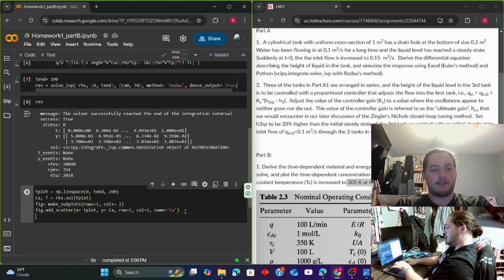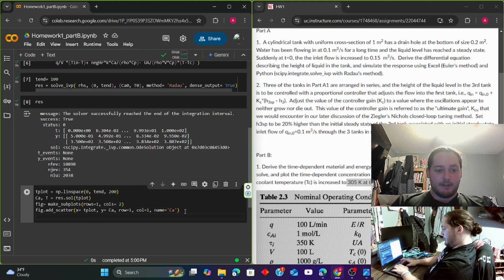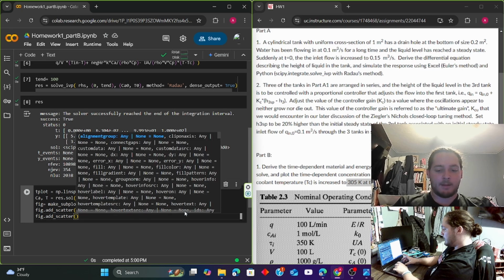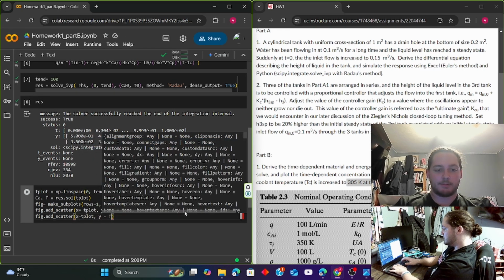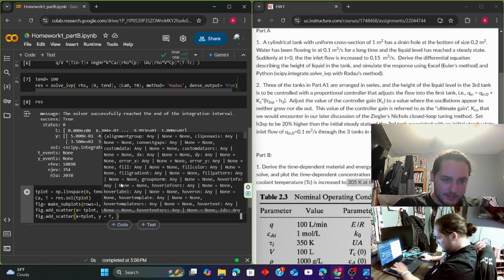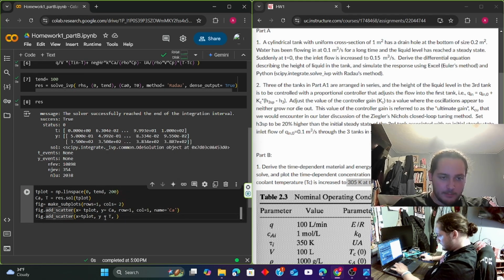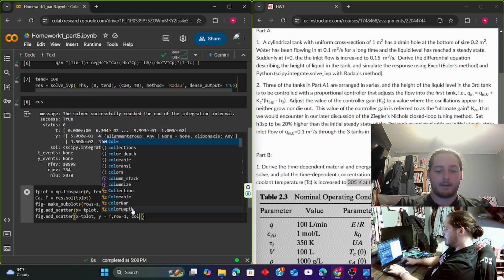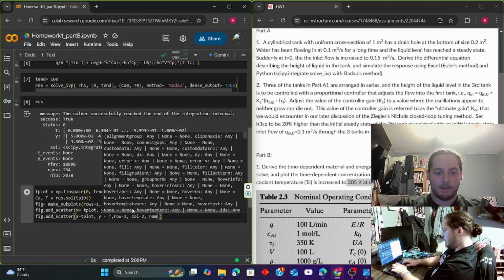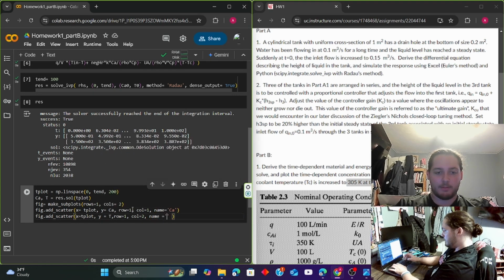All right, now let's repeat that for our temperature. So we have fig.add_scatter, y is equal to T, name equal to temperature profile.